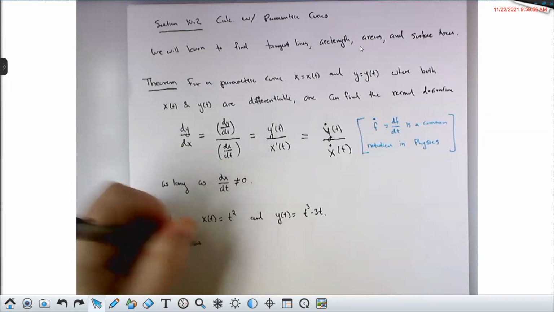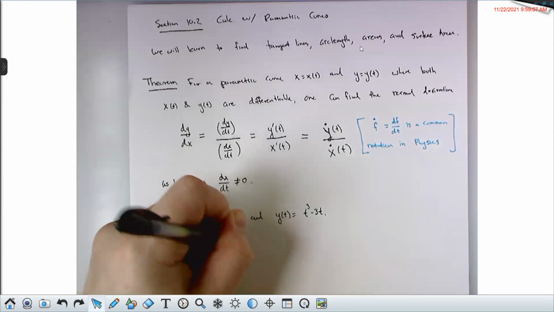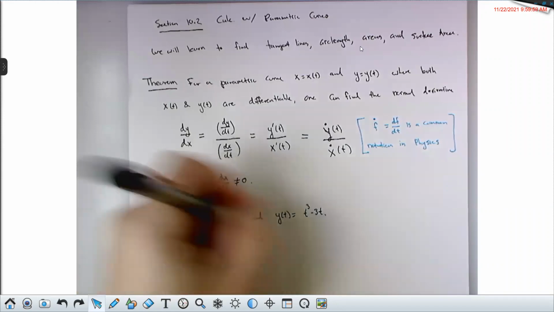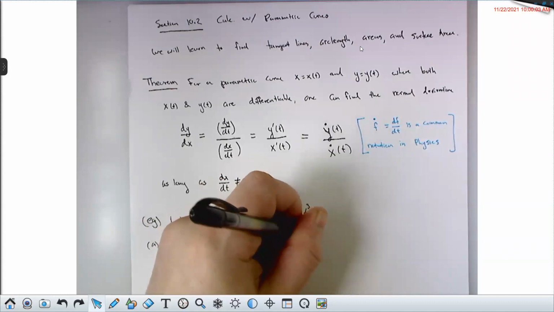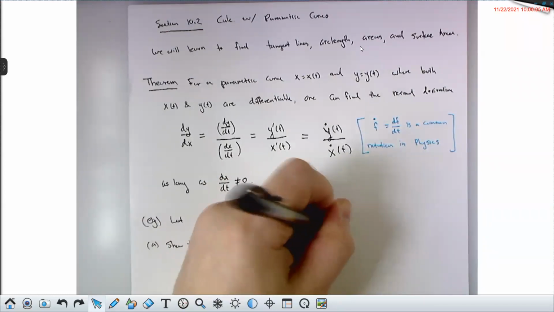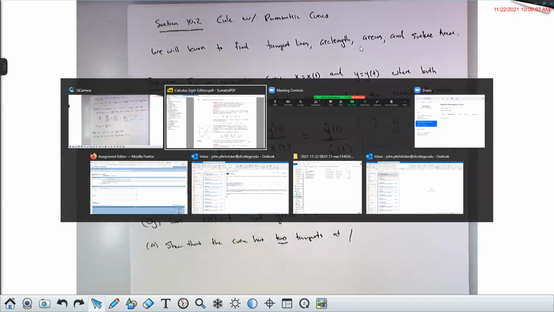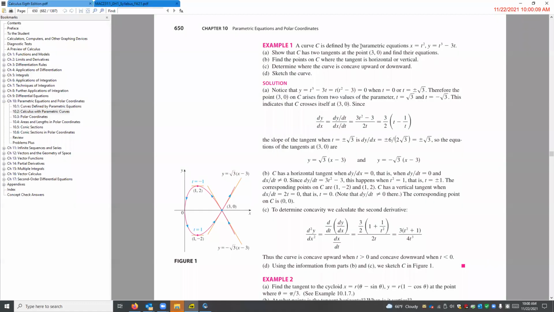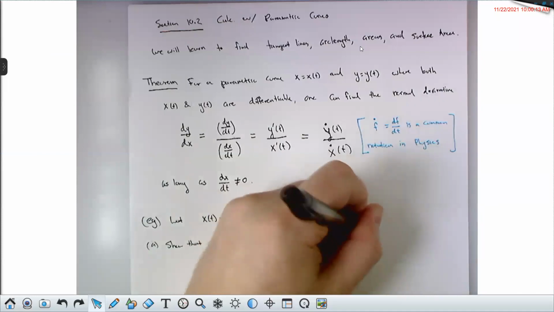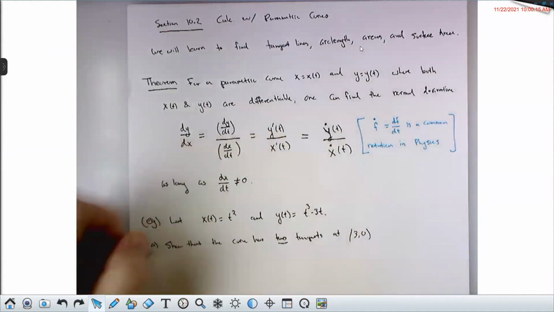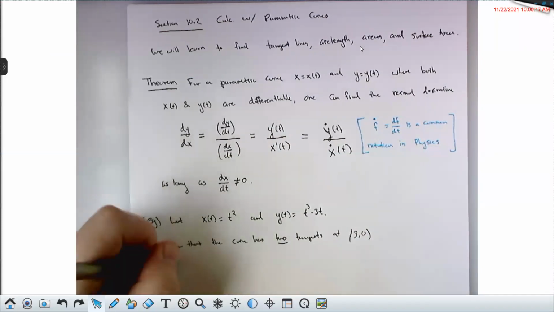Show that the curve has two tangent lines at the point (3, 0), and then find the equation of those lines.